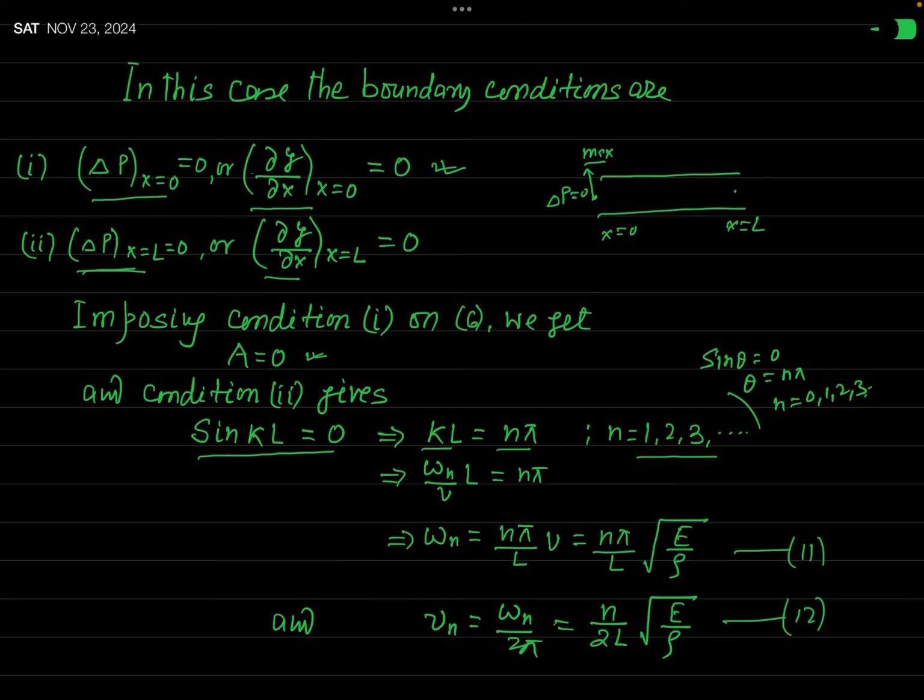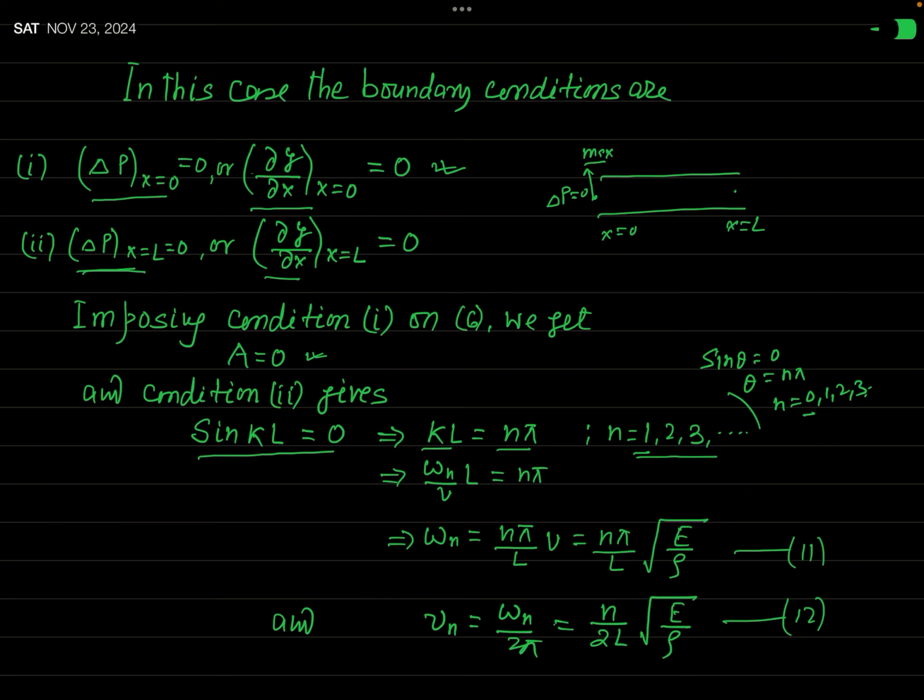But here I have not taken n equal to 0, because when you take n equal to 0, displacement everywhere will be 0, which is unphysical. So in this physical problem, n equal to 0 is restricted. The least value of n you may take is 1. Actually, this fact I have already explained earlier too.